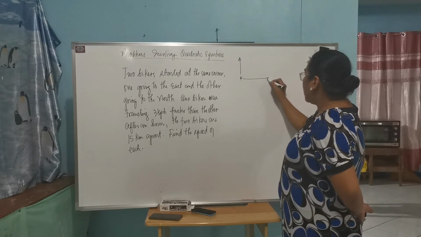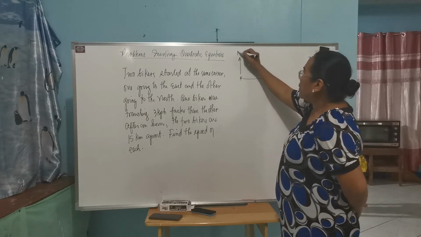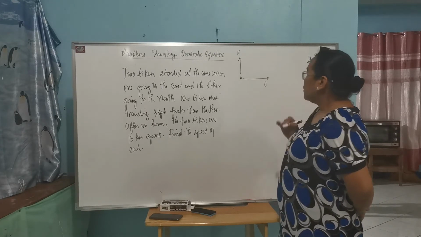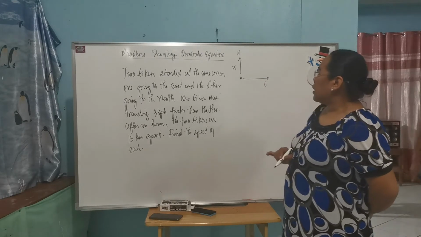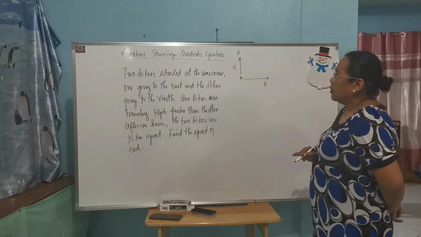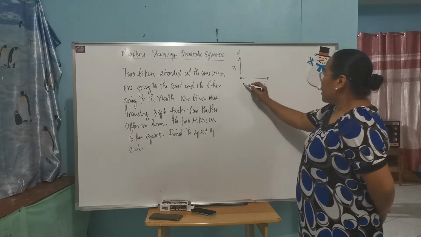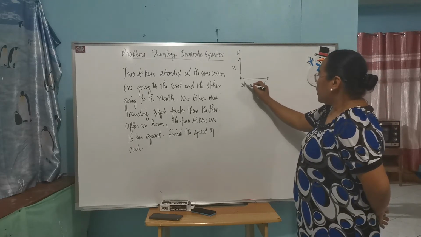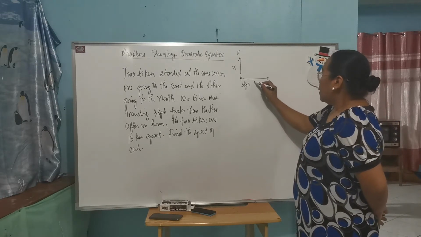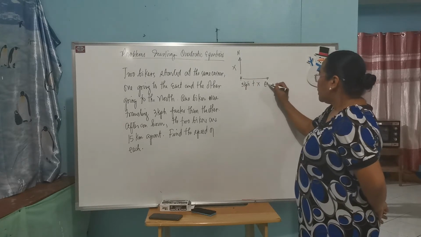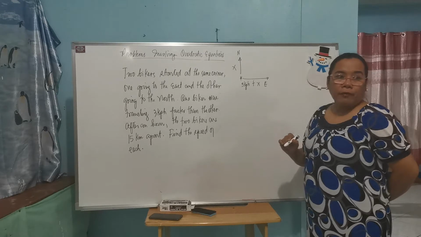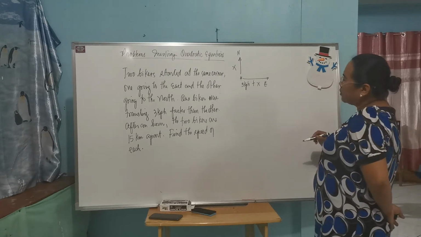and the other is going to the east. So this is your north and this is your east. So let's say this is traveling at x speed and this is traveling at 3 kilometers per hour plus x because it is 3 kilometers per hour faster than the other.